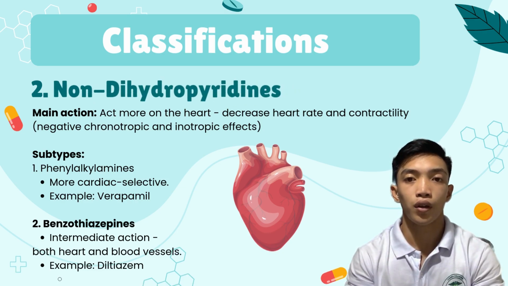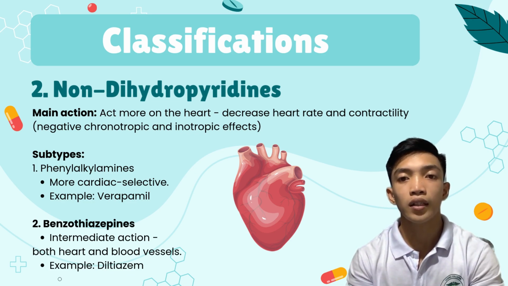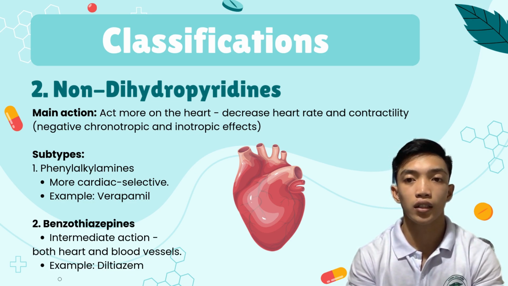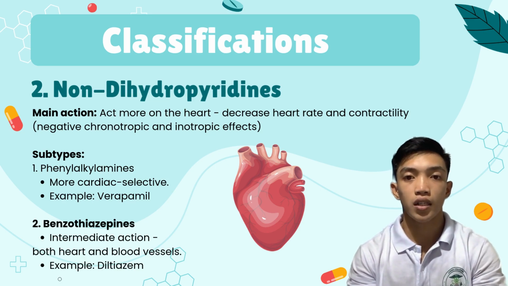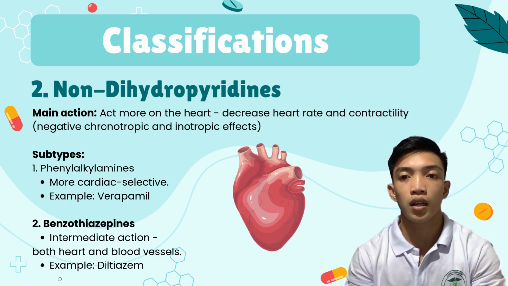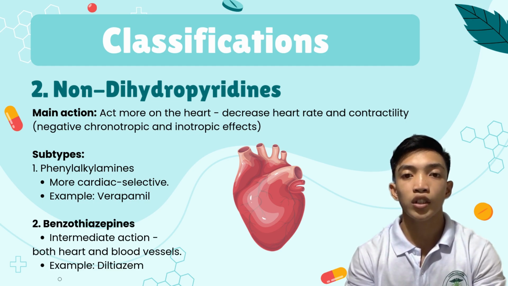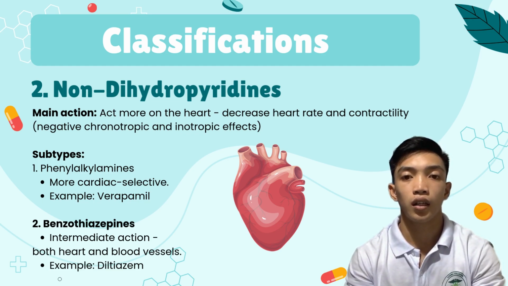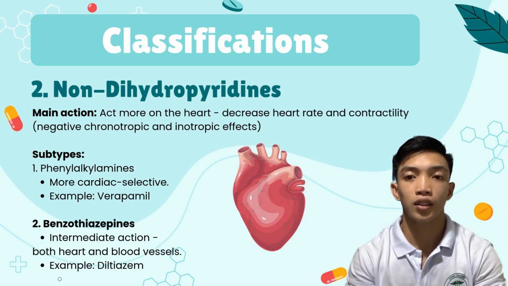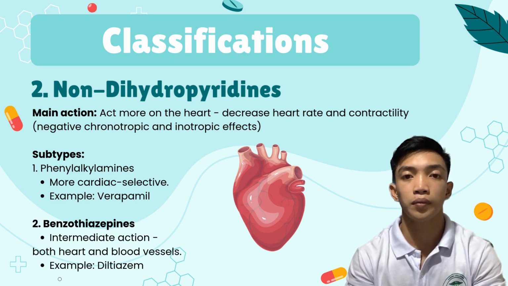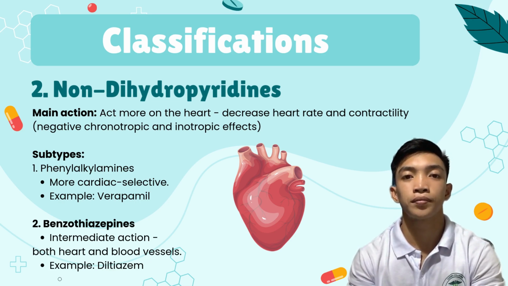These act more on the heart itself. Non-dihydropyridines are further divided into two types. First, the phenylalkylamines like verapamil, which slow down the heart rate. And second, the benzothiazepines like diltiazem, which affect both the heart and blood pressure.